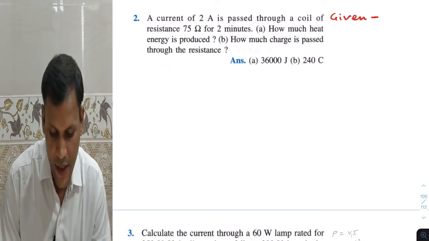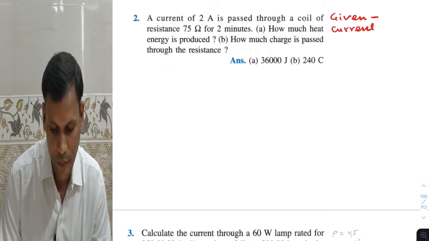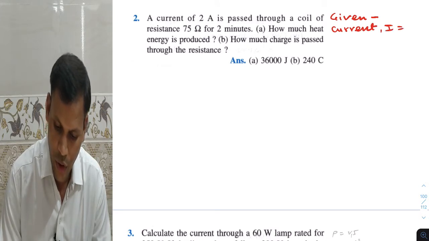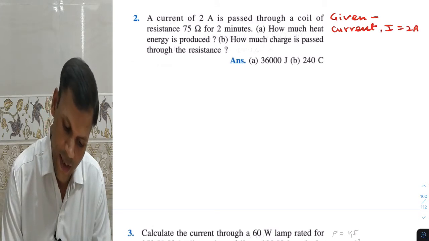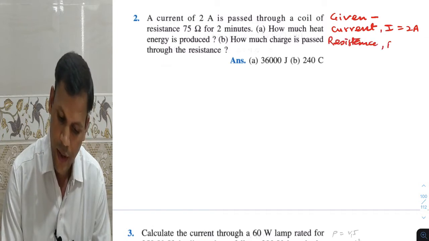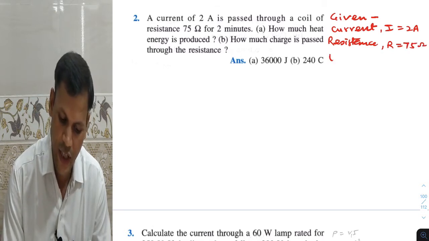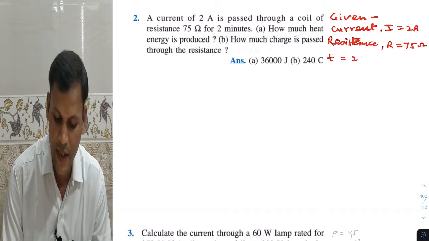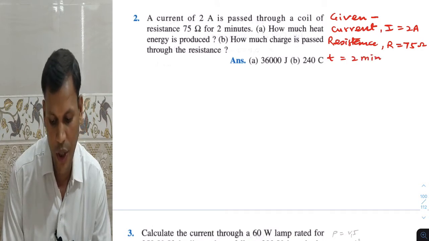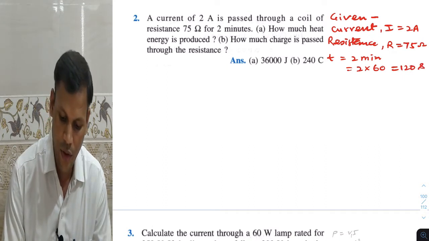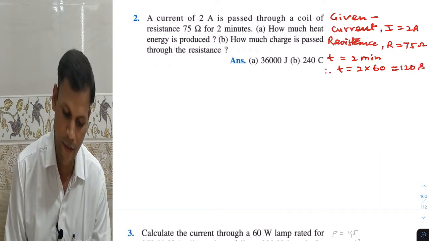Current I is equal to 2 ampere, resistance R is equal to 75 ohm and time T is equal to 2 minutes, which is 2 into 60, that is 120 seconds. So all this information is given.